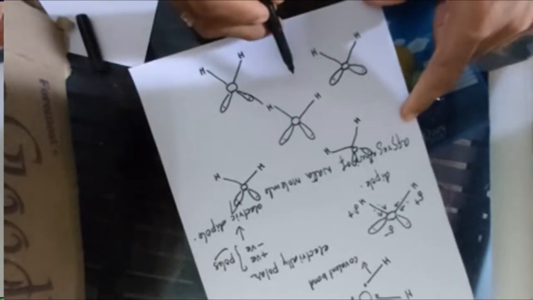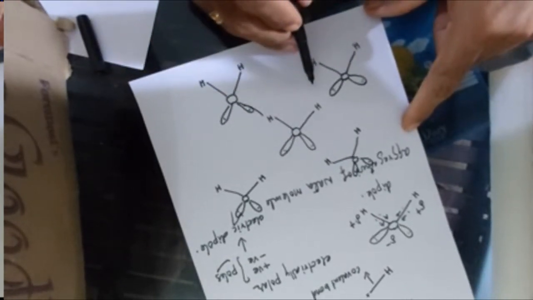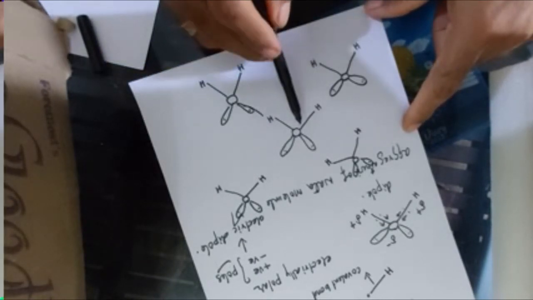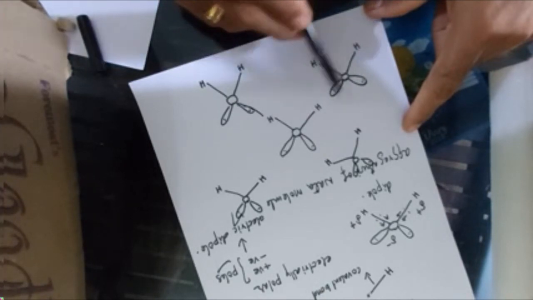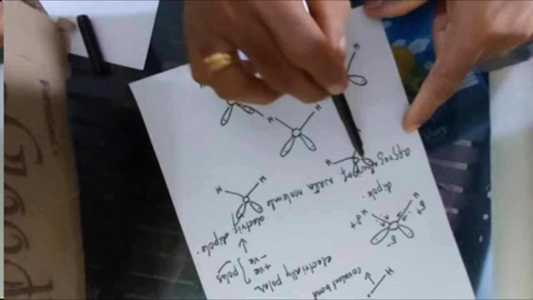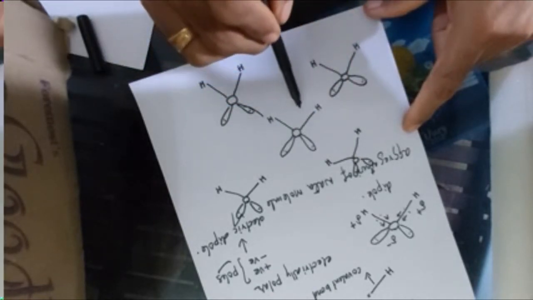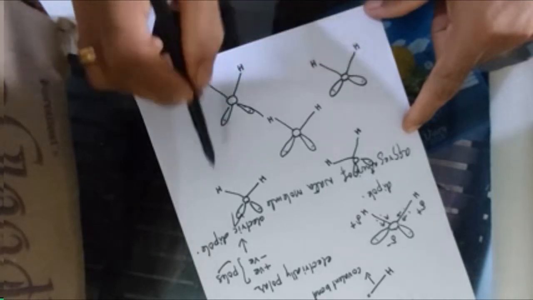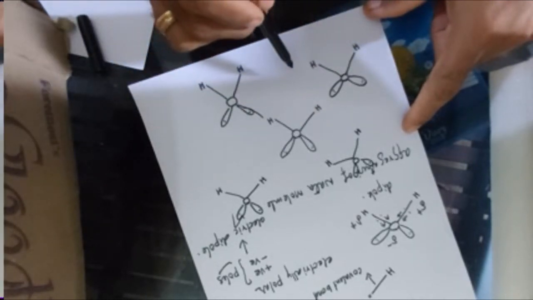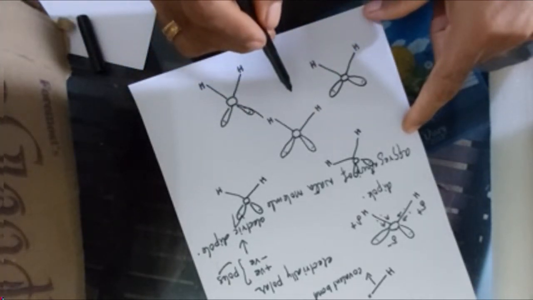Now look at this picture. There are 5 individual water molecules, 1, 2, 3, 4 and 5. There is one central water molecule surrounded by 4 other water molecules. And how does it form aggregations?